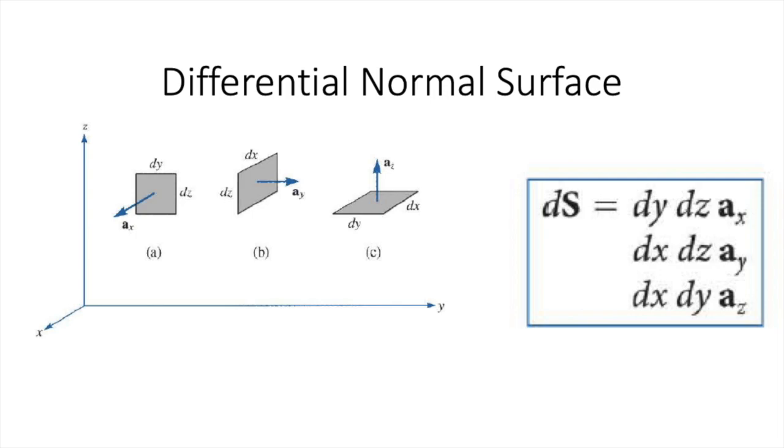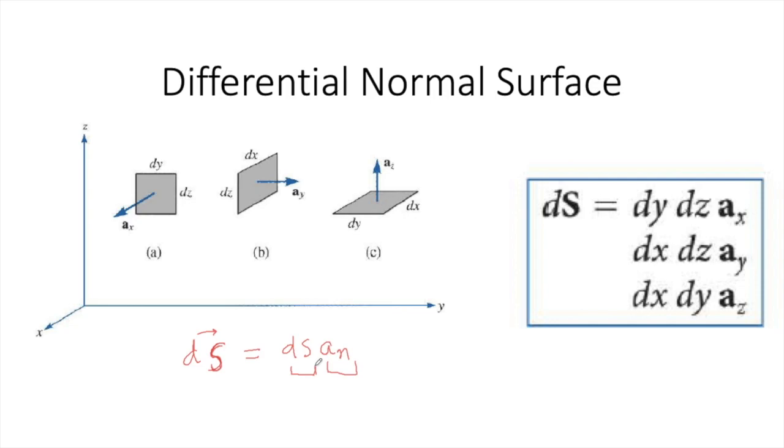So in general what we do is write ds as a vector. ds vector is equal to ds multiplied by an. Here an gives the direction normal to the surface, and ds is the magnitude.